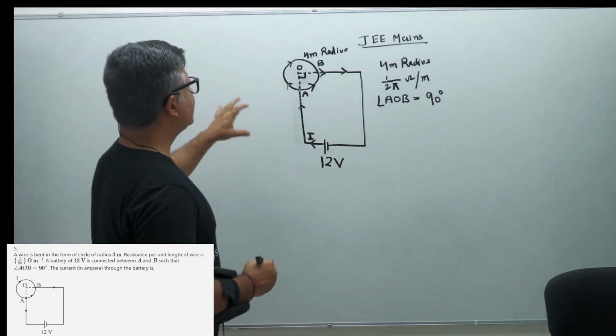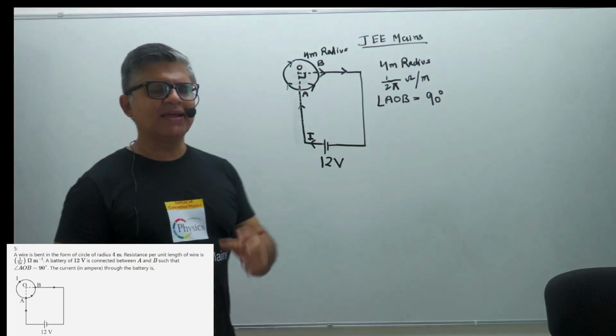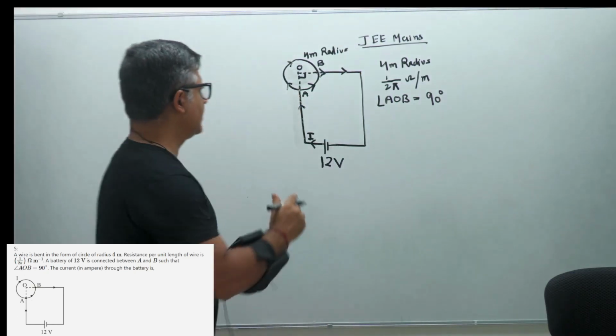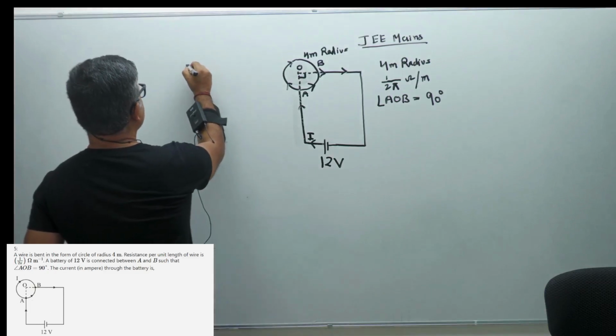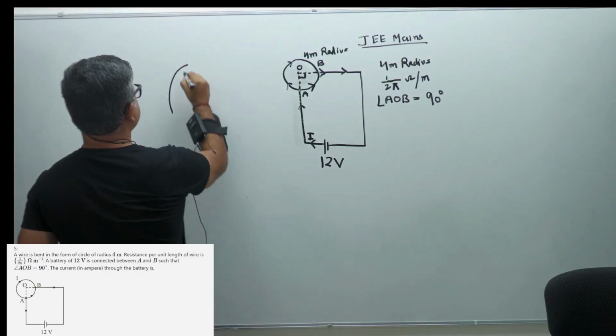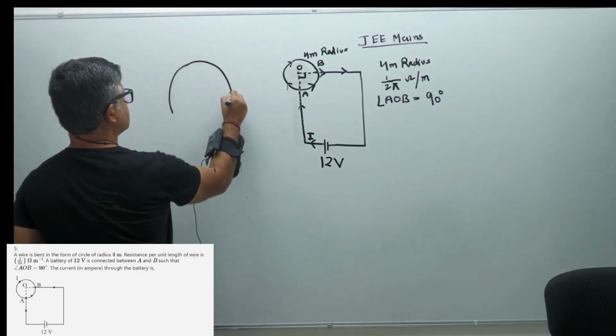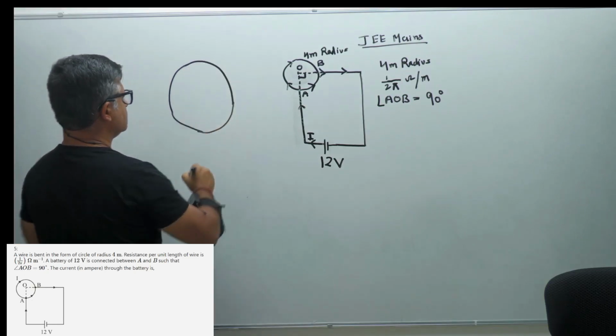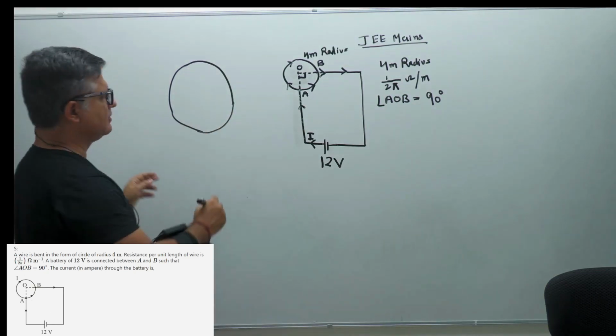Now let's look at the circle and think what is the meaning of the larger and the smaller arc. Let me just redraw this. So this is the situation. Not a great circle, but that is what it is.